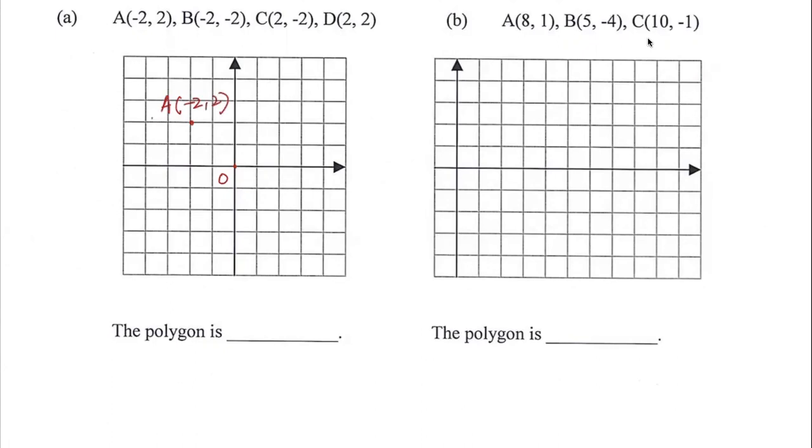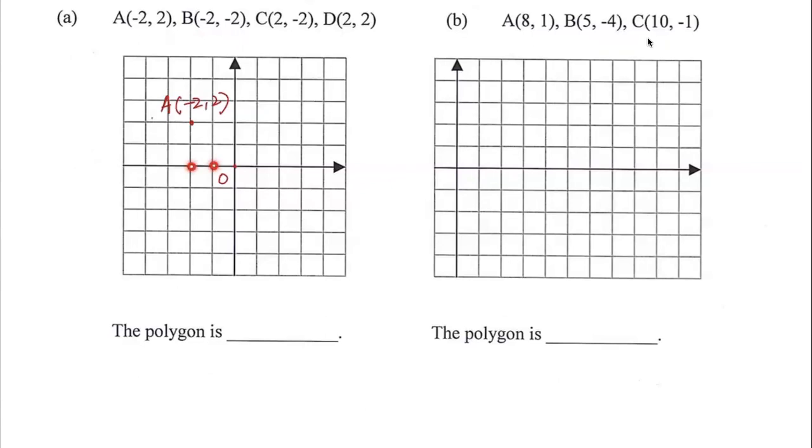Okay, so this is how we find the points using the coordinates given. Okay, let's do B. Point B, -2, -2. Again, we start from origin. -2 means the x coordinate is negative, so we go left again.